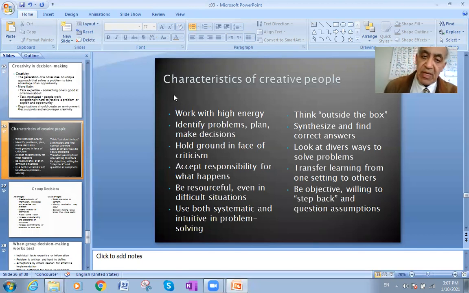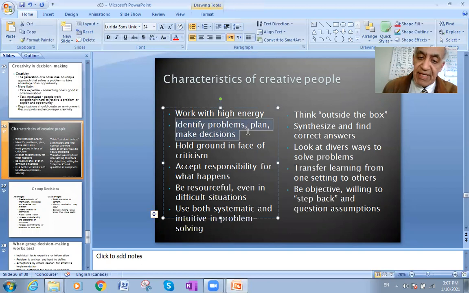Creative people usually work with high energy, identify problems, plans, make decisions, hold ground in the face of criticism, accept responsibilities. They are resourceful. They use both systematic and intuitive ways of problem solving.